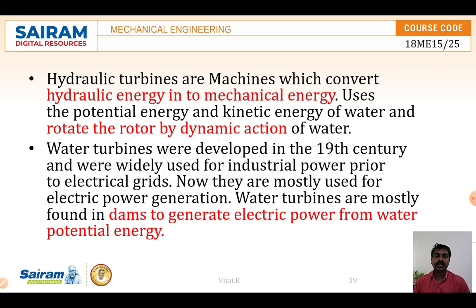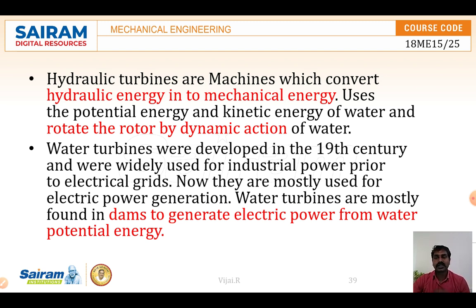So how is it rotated? What energy is used? Already we have studied that energy cannot be created and cannot be destroyed, but one form of energy can be converted. So here, suppose you take dam water, the water is getting stored and it has potential energy.